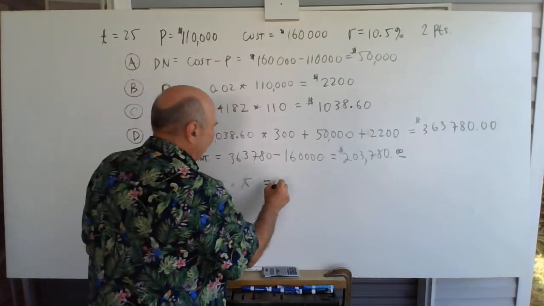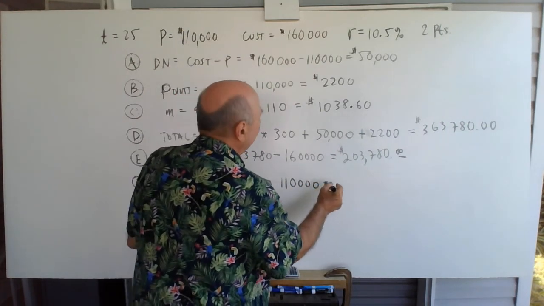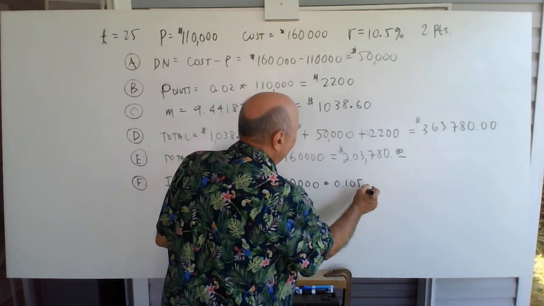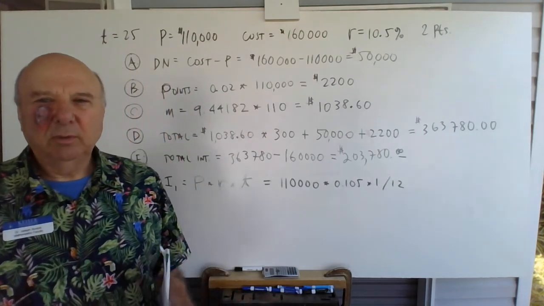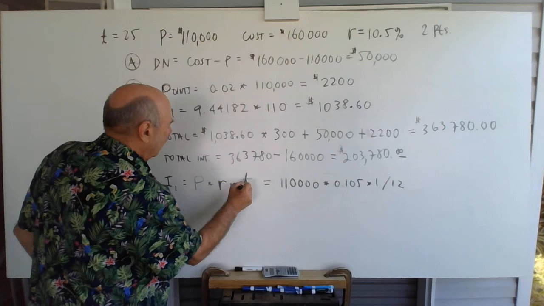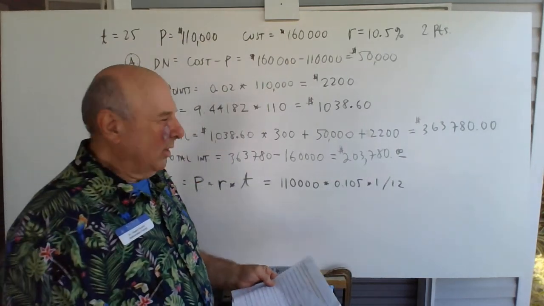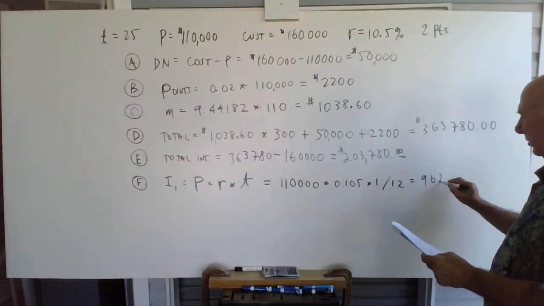So P was 110,000. R is 10.5%. And T is 1/12. 1 month. So if you do this calculation, you'll get $962.50.